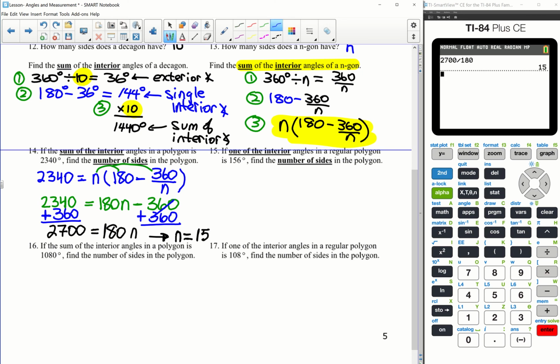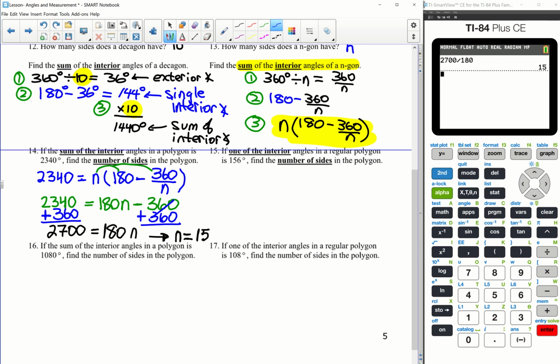Number 15 is going the other way. Well, that's not true. It's not directly going the other way, but it's along those lines. One of the interior angles in a regular polygon is 156. Find the number of sides in the polygon.